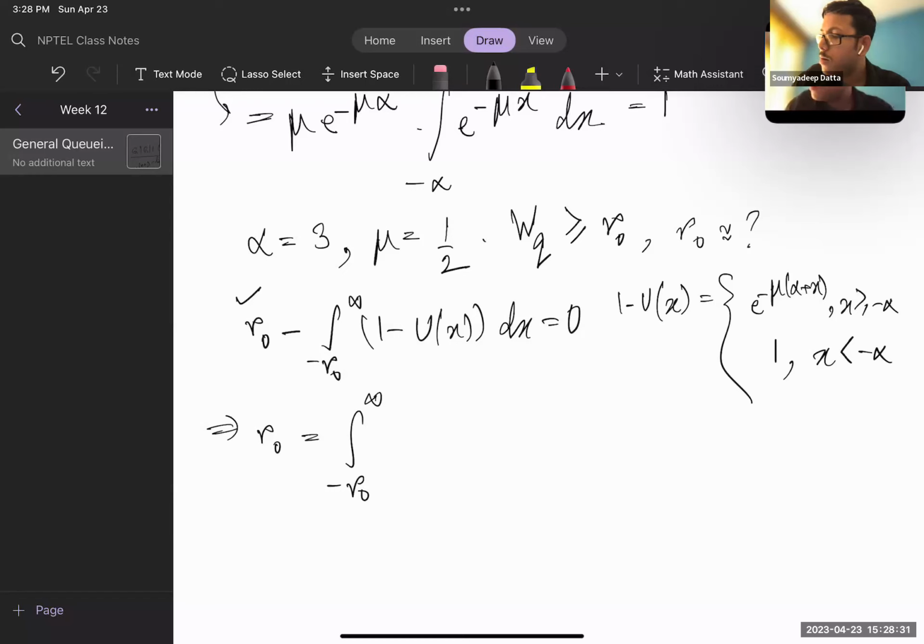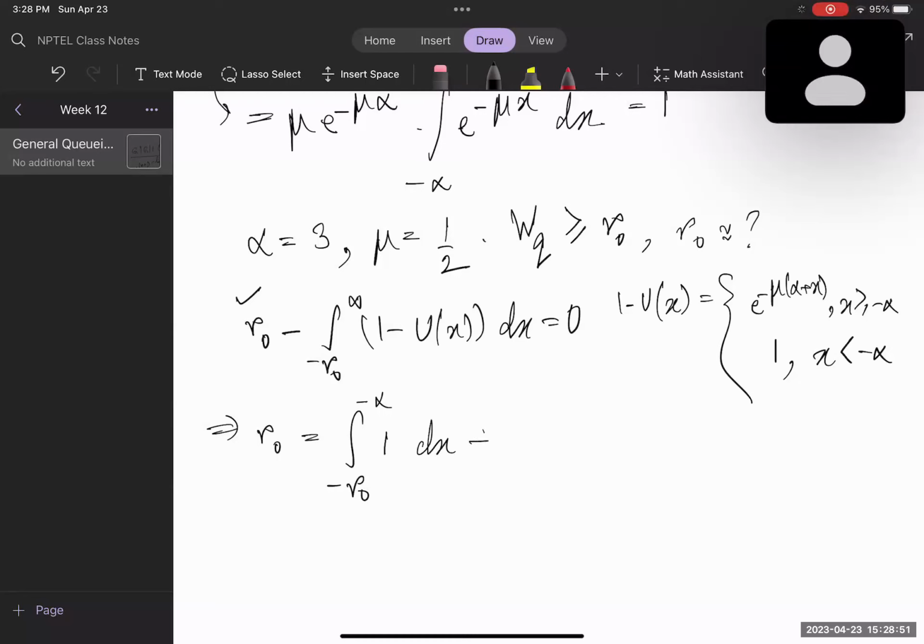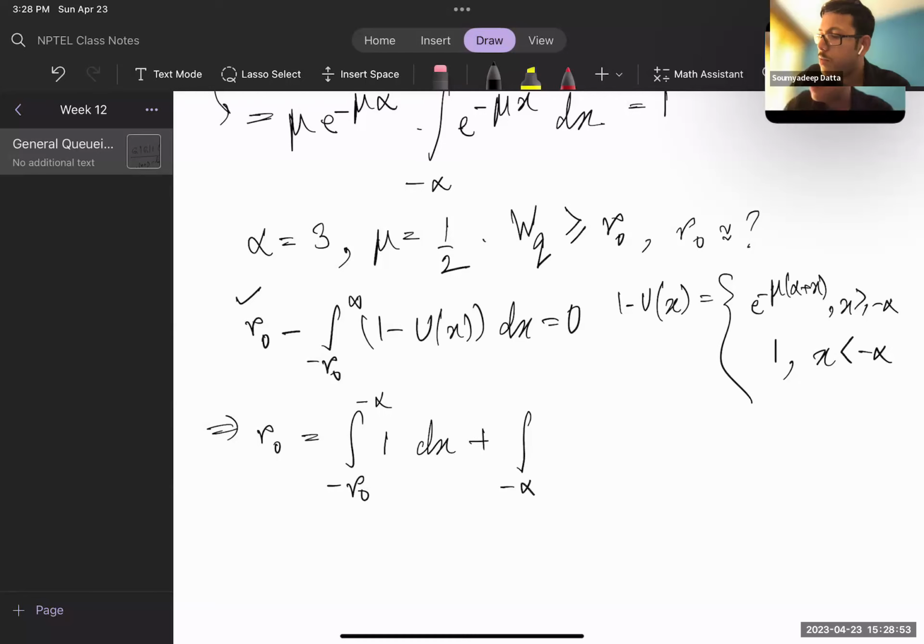So the integral from minus r naught to minus alpha, we'll get 1 dx, plus from minus alpha to infinity, we will get e to the power minus mu times alpha plus x dx.